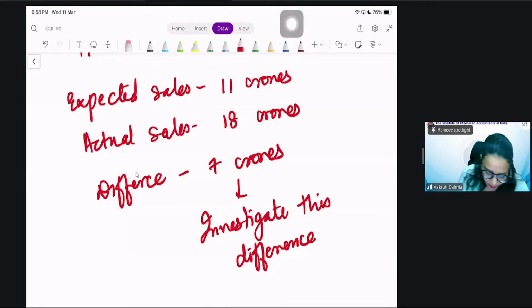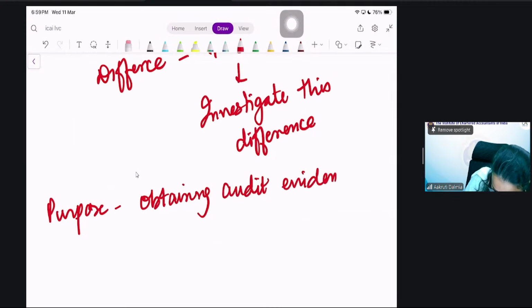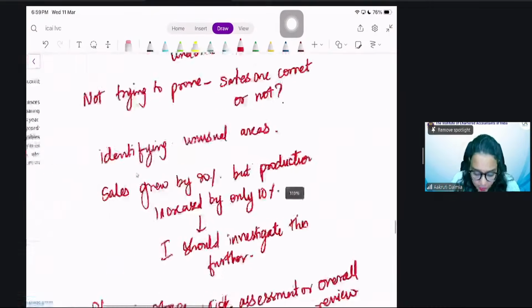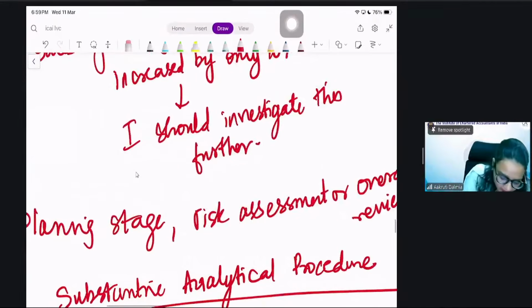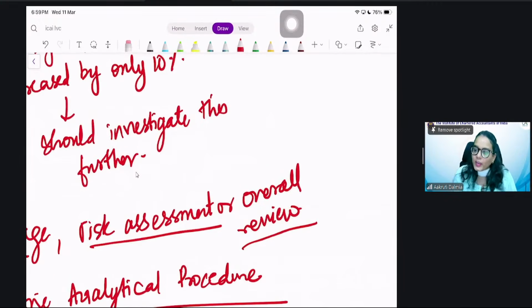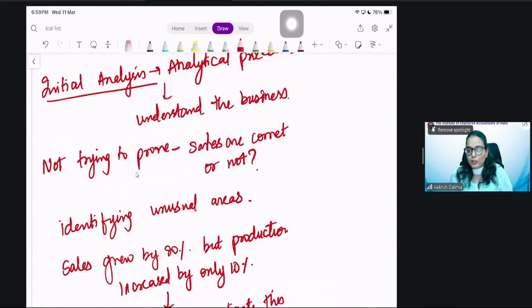Do you understand? So what is the purpose of doing a substantive analytical procedure? Obtaining audit evidence whether any misstatement is there or not. So when we initially try to understand, at the planning stage, risk assessment stage, or overall review stage, that time when we are doing analysis, it is analytical procedures.